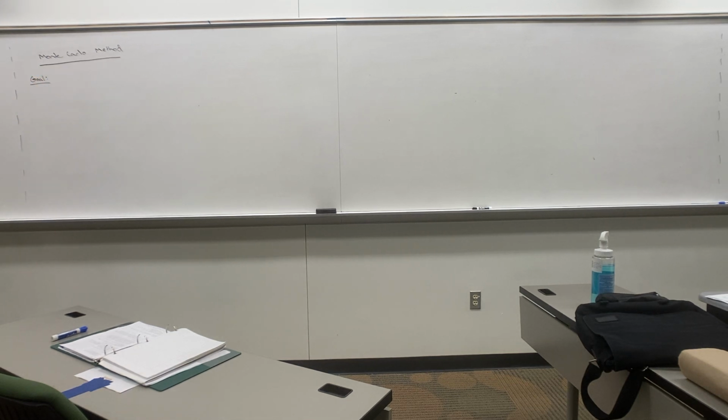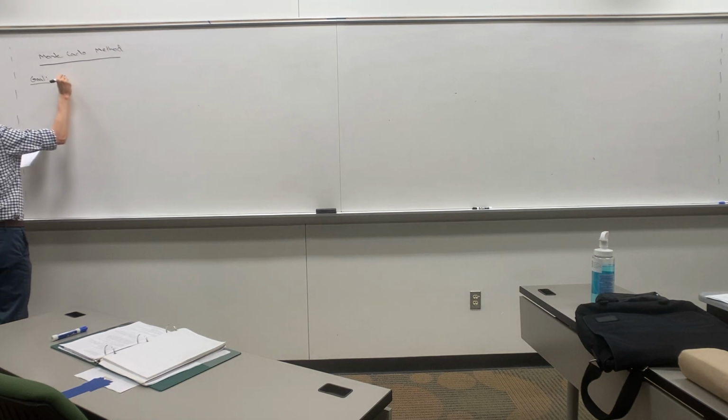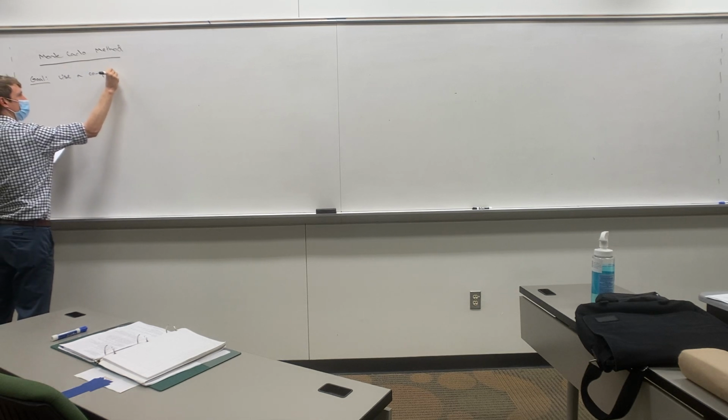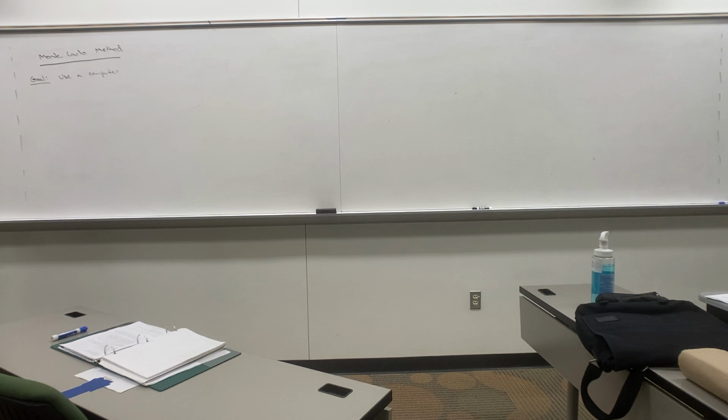We need to use a computer to construct what's called a Monte Carlo trajectory. Why do we need a computer? Because we're going to need a trajectory that's 100,000 or 1 million times long. So you don't want to do it by hand, right? Use a computer to construct a Monte Carlo trajectory.